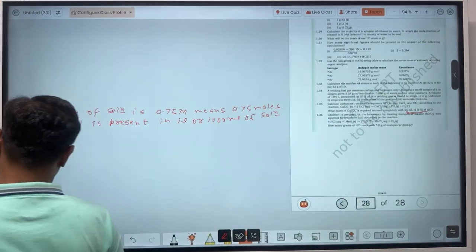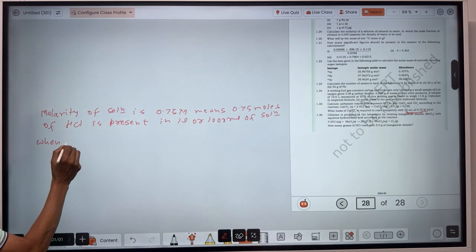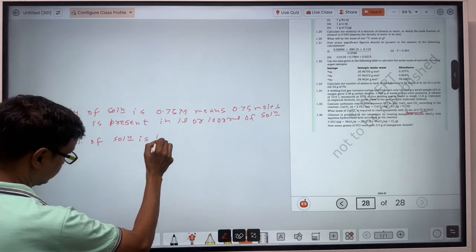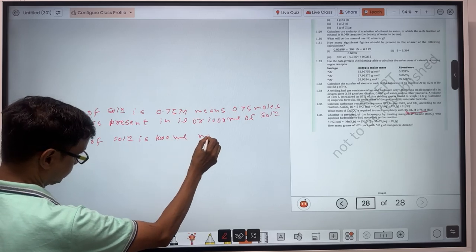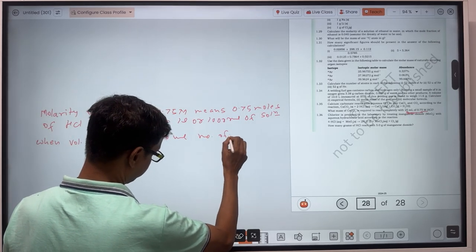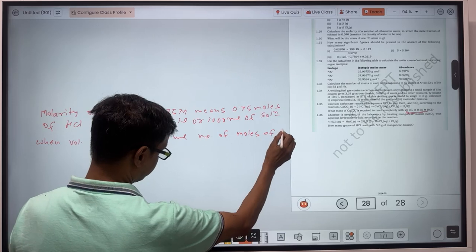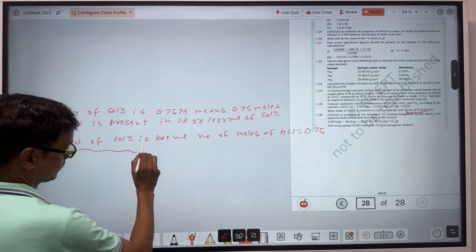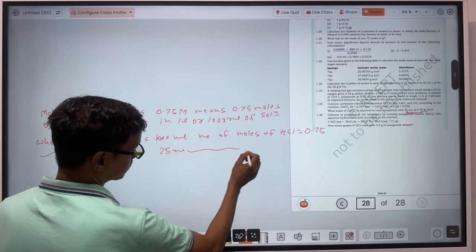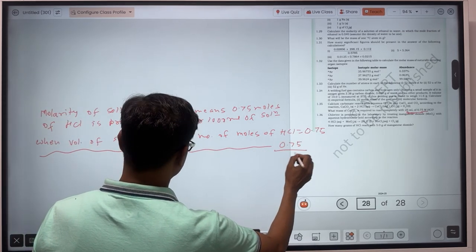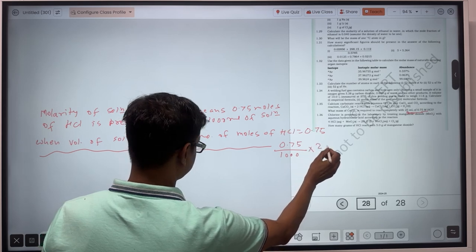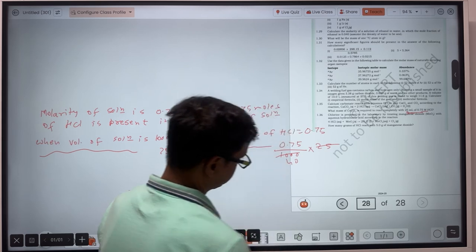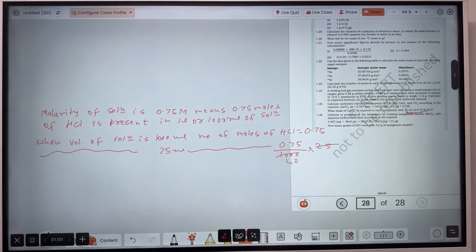That you will have to find out. So 0.75 divided by 40.